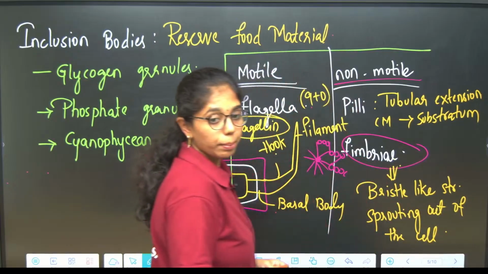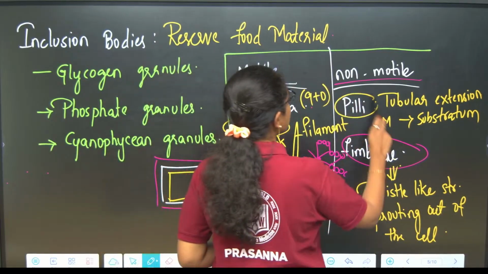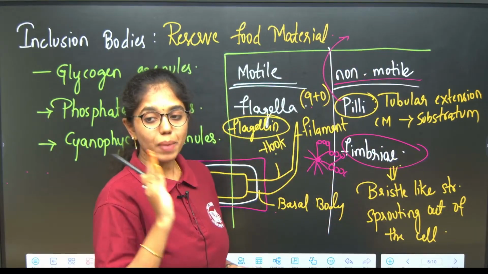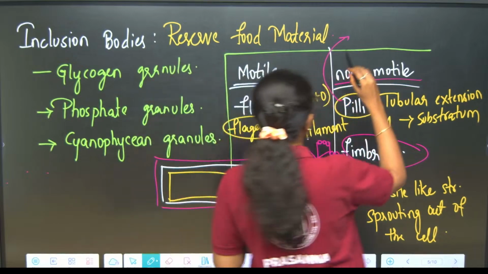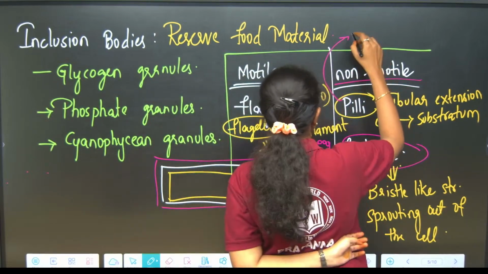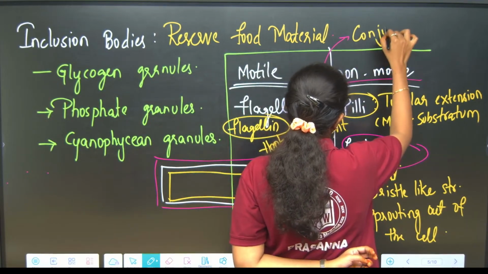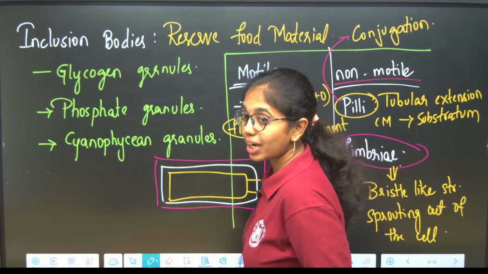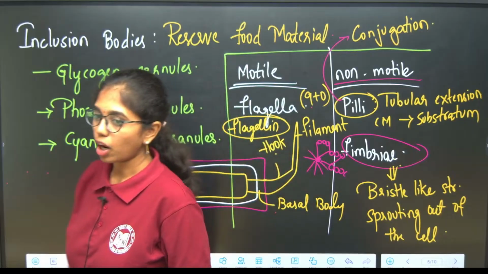Clear? Pili is also called as sex pili or true pili because its major role is conjugation, promoting conjugation or forming out conjugation tube. This is all about the structural description of a prokaryotic cell.